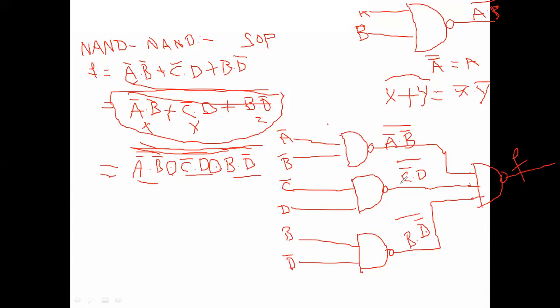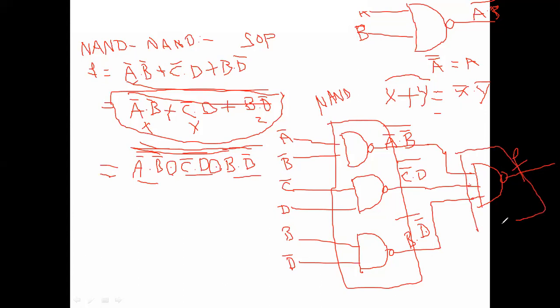So why is this NAND NAND? Totally we are using NAND gates at the first level. This is NAND. The second level is also a NAND gate. Here, what we remember: first, what is the NAND gate, how the output expression for NAND gate is, and taking two times complement and De Morgan's theorem.